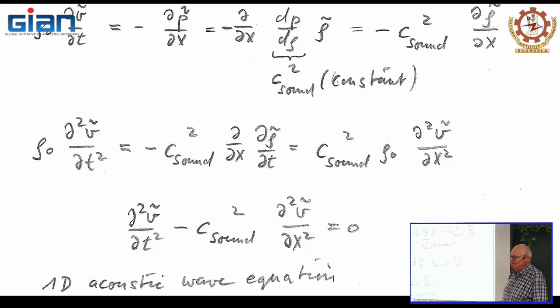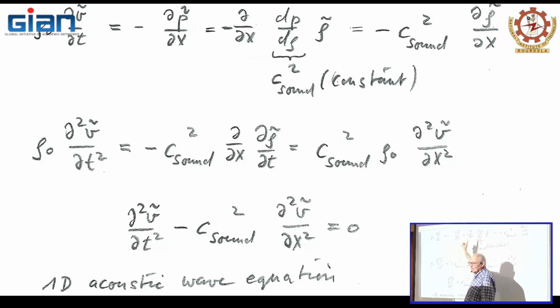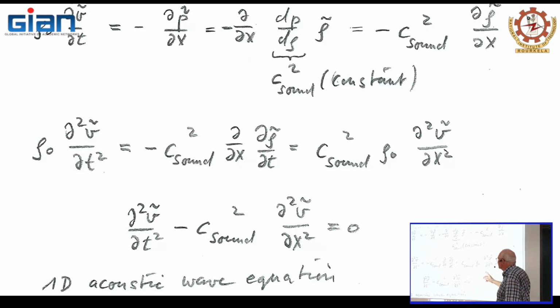But somehow the system must, in a certain sense, take into account the thermodynamics. Well, it enters here, where we relate the pressure perturbation to the density perturbation. In principle, I should have said something about how this derivative of pressure with respect to density should be taken.